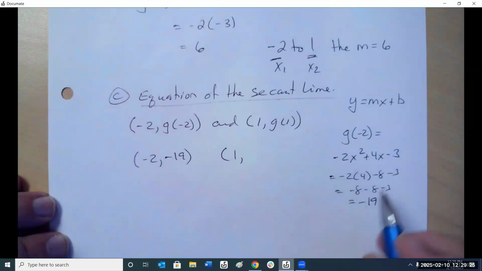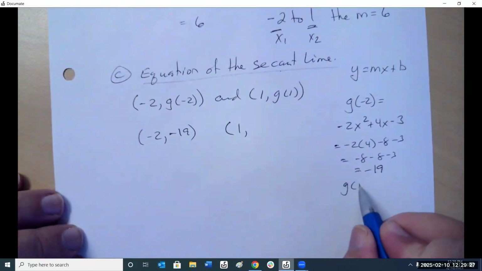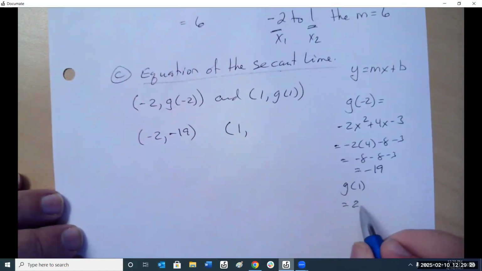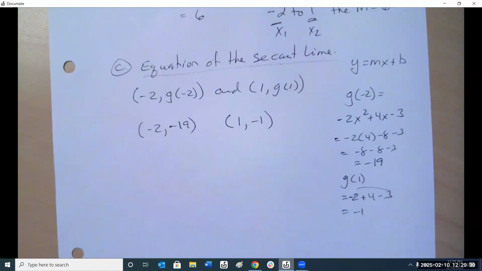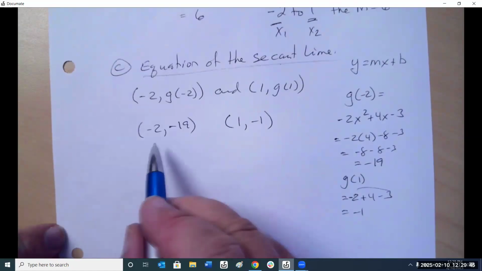And when x is 1, -2 plus 4 minus 3. So -5 plus 4 is -1. So we have our 2 points.